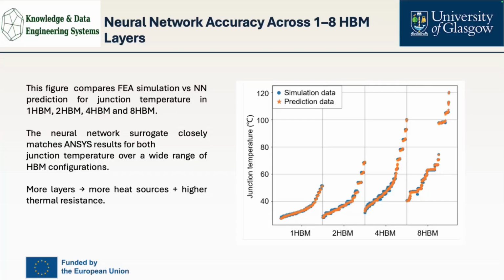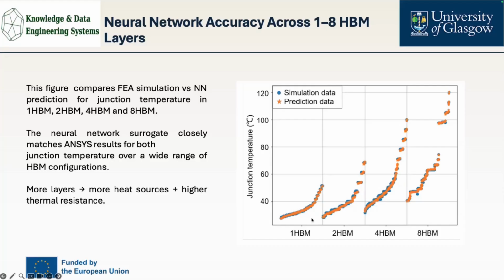According to the comparison of results with the simulation, which is the accurate result or the main baseline, this figure shows high bandwidth memory with 1 layer, and high bandwidth memory with 2 layers, 4 layers, 8 layers. The blue circle is the simulation data, and the star is the prediction.